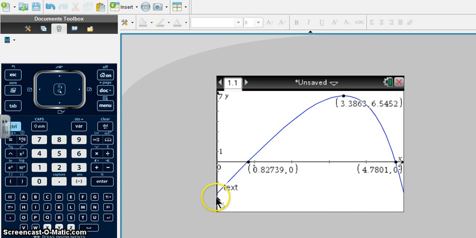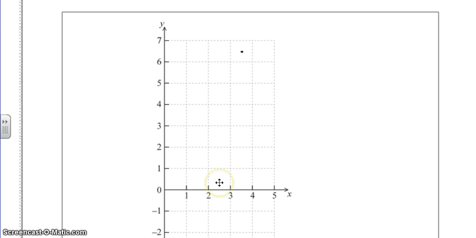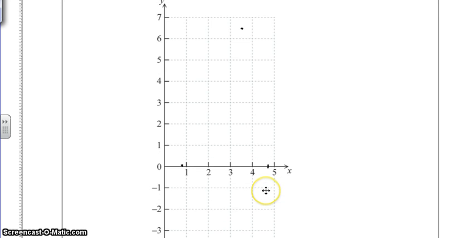And the minimum value is also worth noting, just under 3 for both the minimum and the maximum. So those are other important areas. So we're going to want just before 1, just before 5, and we want to go down to around about -3.